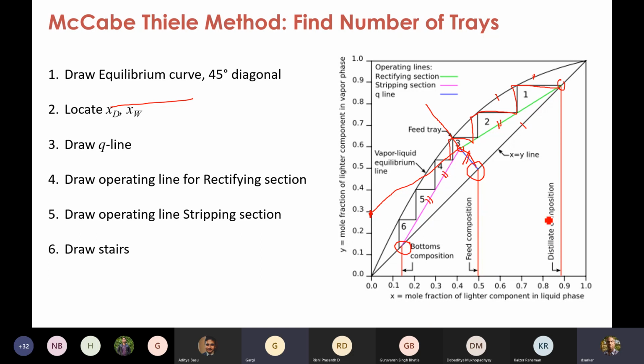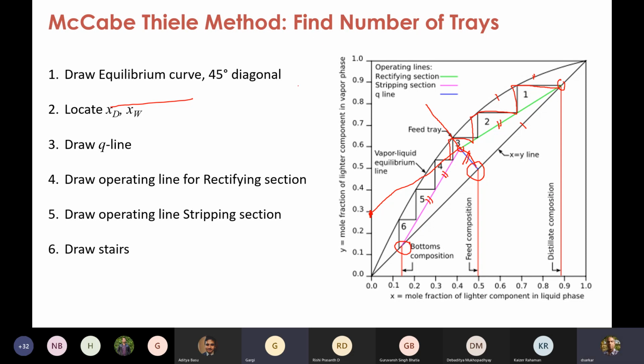This way you continue till you cross the XW point, the bottom composition. That means you have a tray which is basically doing the separation corresponding to the XW composition. So just count the number of stairs, which represents the number of trays.